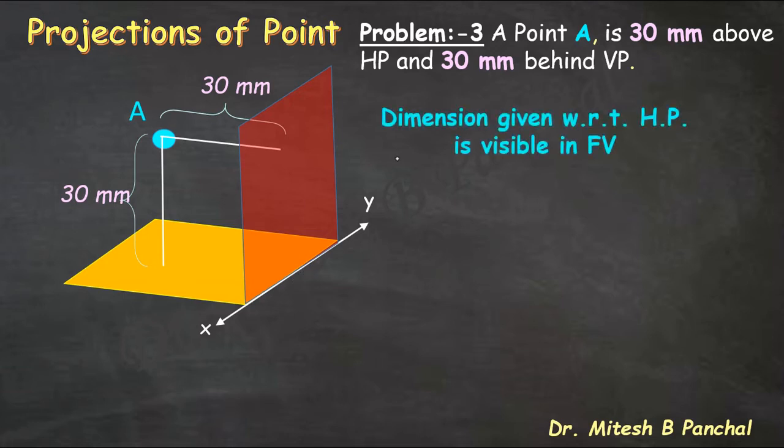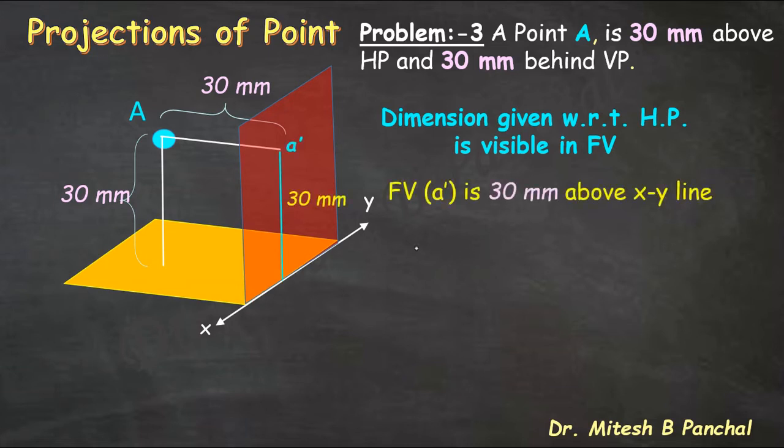So first of all, we will consider projection of point A on VP, that is nothing but the front view. So the dimension given with respect to HP is visible in front view. So front view of point A, that is A dash, is 30 mm above XY line.